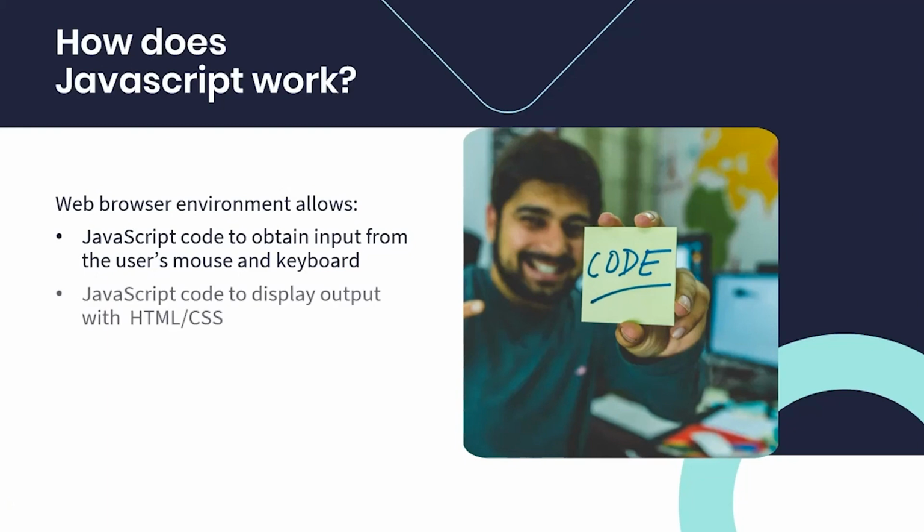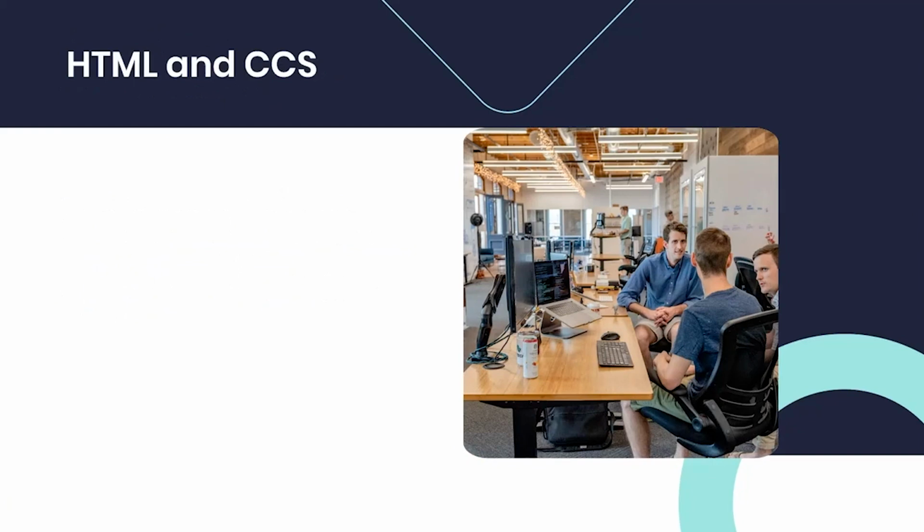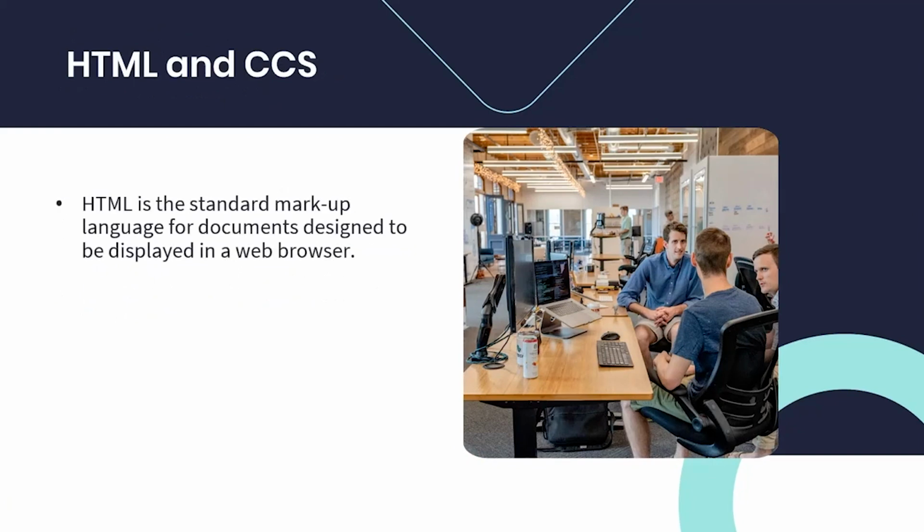And it allows JavaScript code to display output to the user with hypertext markup language, HTML, and cascading style sheets, CSS. For those who may not already know, HTML is the standard markup language for documents designed to be displayed in a web browser.